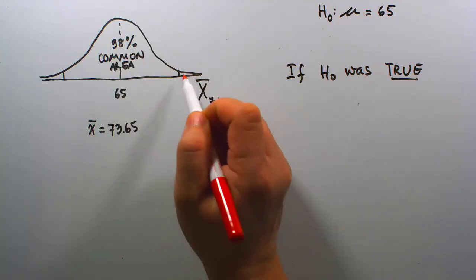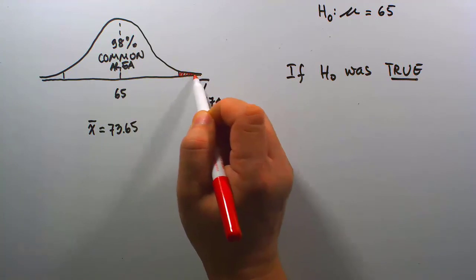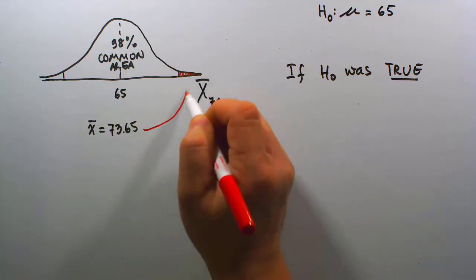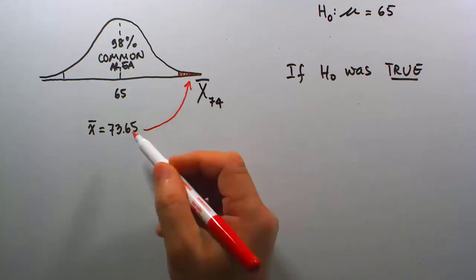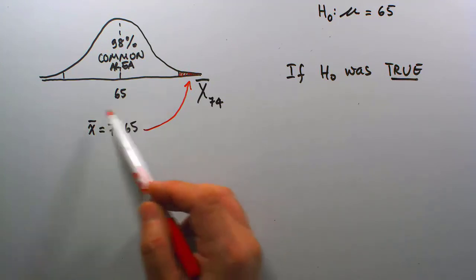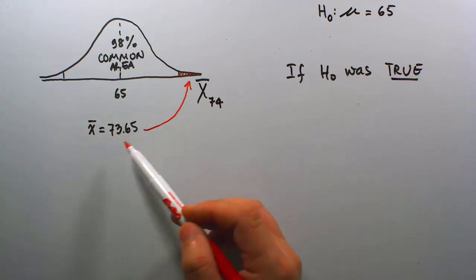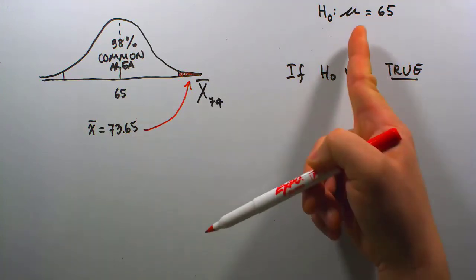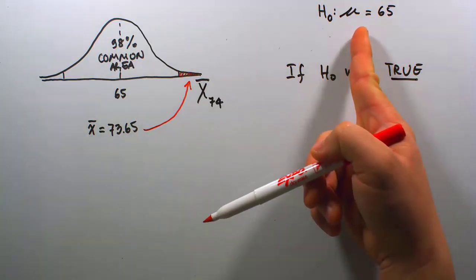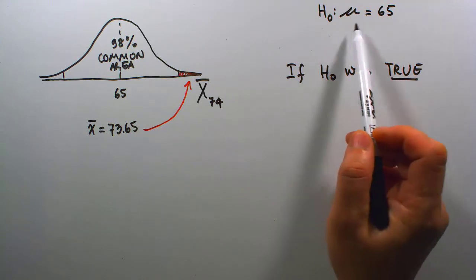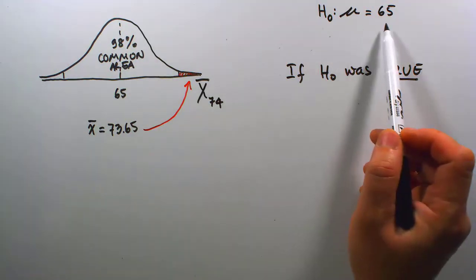Instead, our sample mean value fell right into the unlikely area to the right hand side, and that was making this sample mean value a strong evidence to reject the null hypothesis, claiming that the population mean value of pulse rate equals 65.